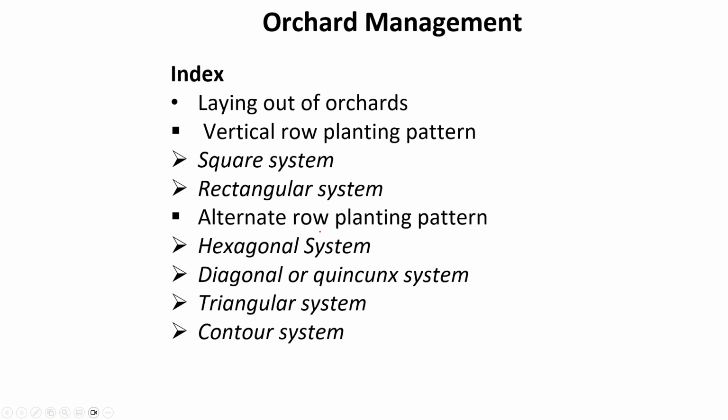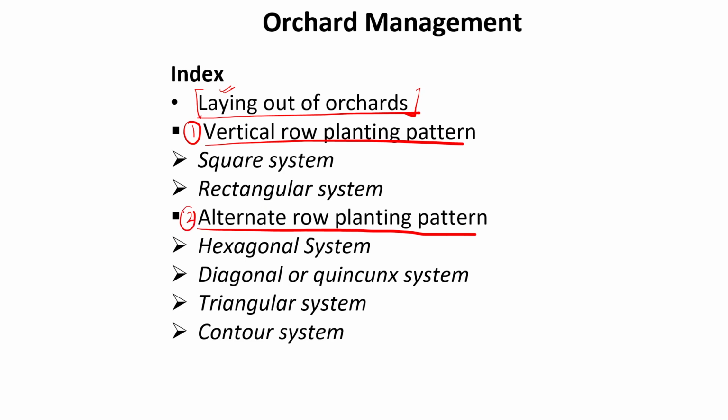In this session, we are going to study how to lay out an orchard. There are two types of layout: the first is the vertical row planting pattern and the second is the alternate row planting pattern. So these are the two different types.